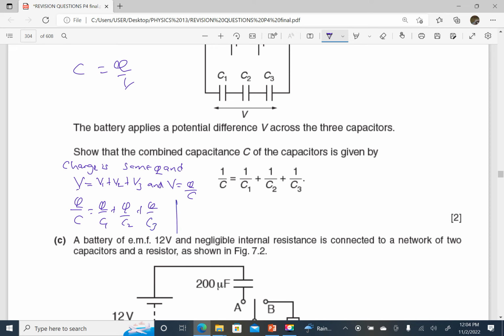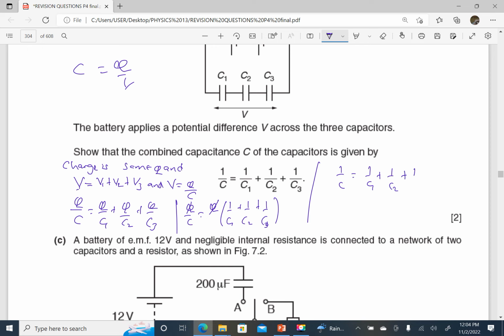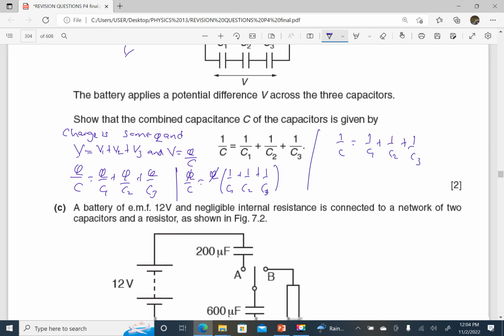So this means we now have that Q over C is equal to Q into 1 over C1 plus 1 over C2 plus 1 over C3. So Q cancels. Therefore, we now know that 1 over C is equal to 1 over C1 plus 1 over C2 plus 1 over C3. As simple as that. What is very important is to note that when capacitors are in series, the charge is the same.